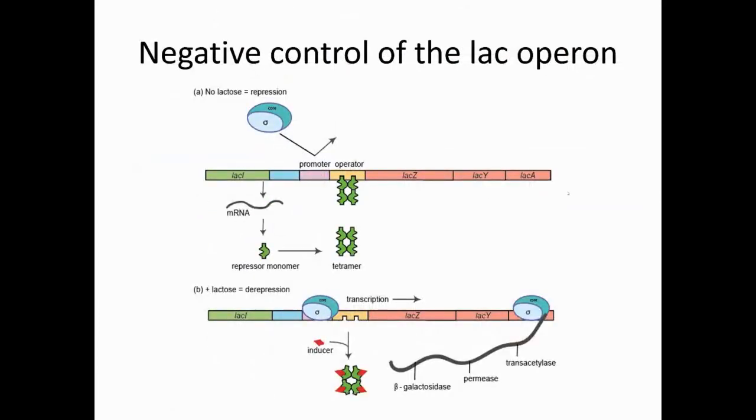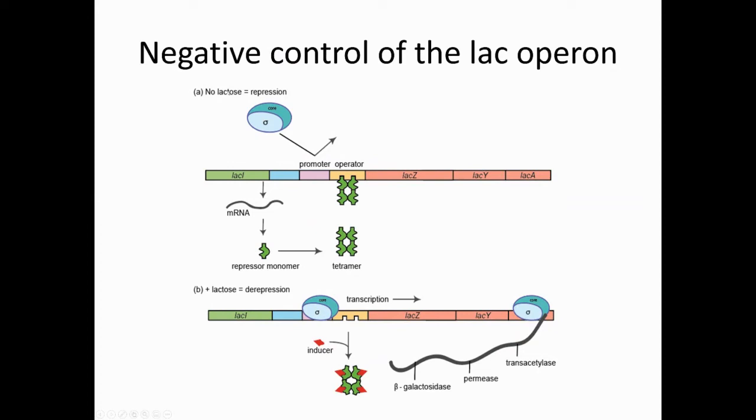For this example, the lac operon, negative control. When there's no lactose present, the lacI gene produces this repressor, and it binds to the operator, which overlaps with the promoter. Therefore, the polymerase will not be able to bind to the promoter, so no transcription.